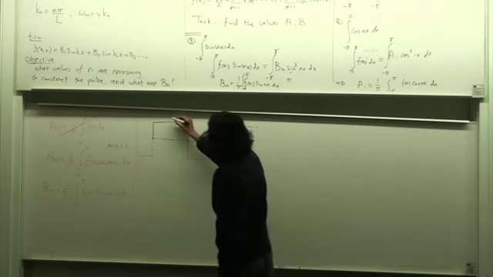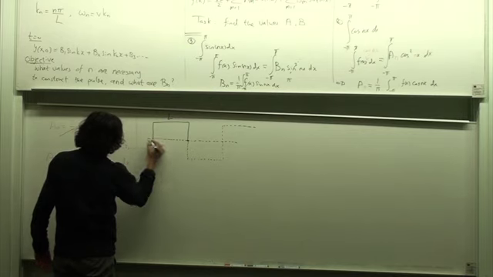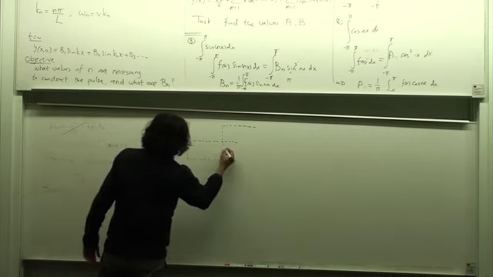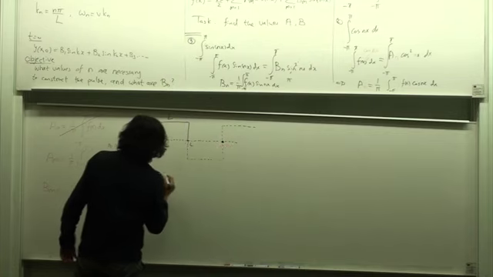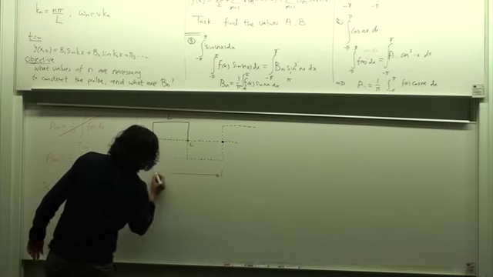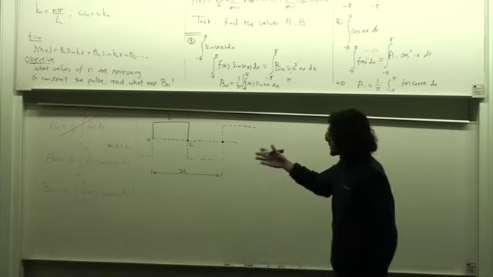This has a length L. This is my string, and it goes from 0 to L. So the period here is 2L. This would be the period. Now before the period was 2 pi, and now the period is 2L.